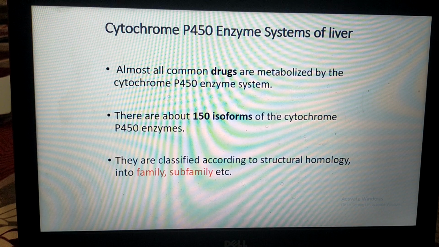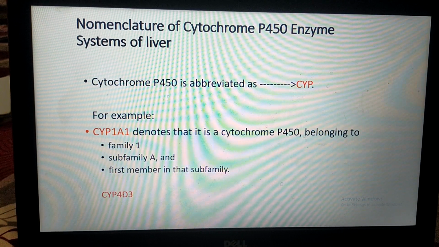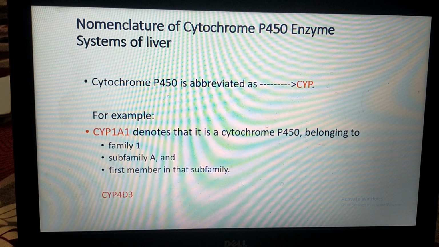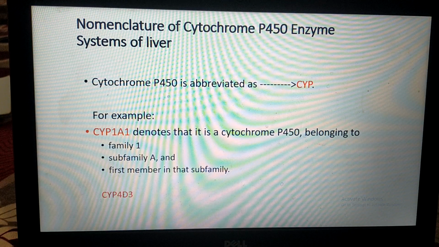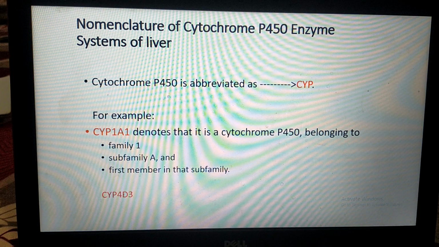Now these cytochrome P450 are classified depending on their structural homology into family, subfamily, etc. First you should know cytochrome P450 is abbreviated as CYP. I have given one example, CYP1A1.